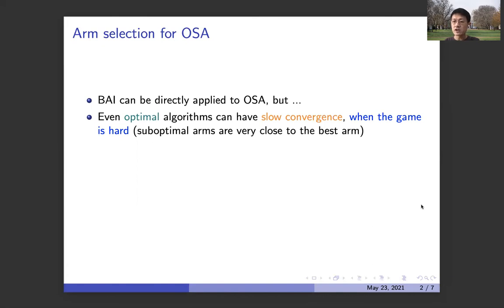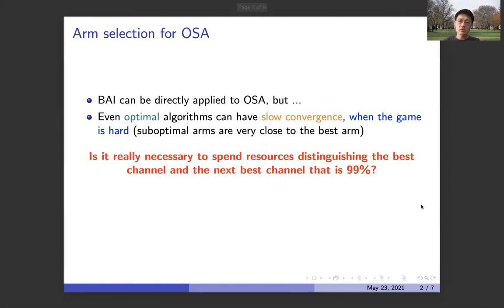But for the best arm identification problem, this rigor actually works against us, because in this case the algorithm would take a significant effort trying to figure out that one channel is slightly, 0.0001, better than the next one. This is when the game is really hard, and even the optimal algorithm has very slow convergence.